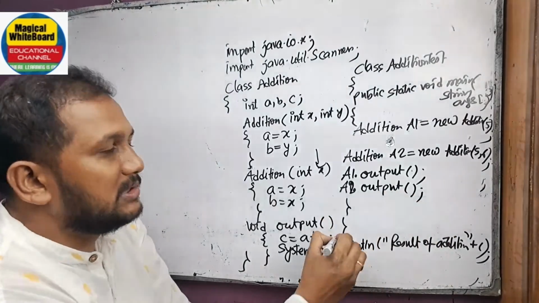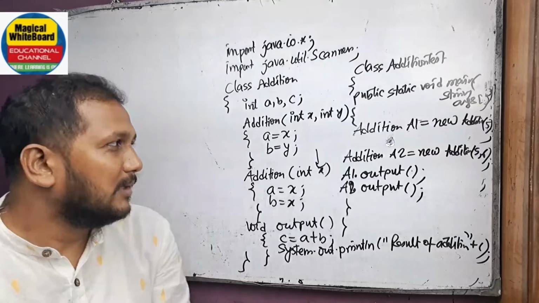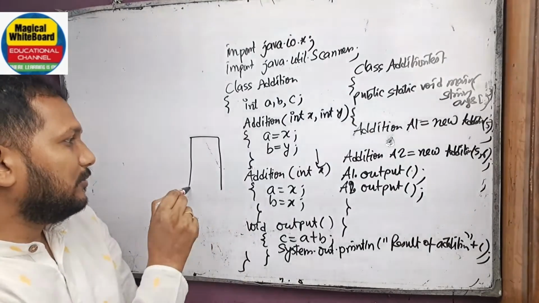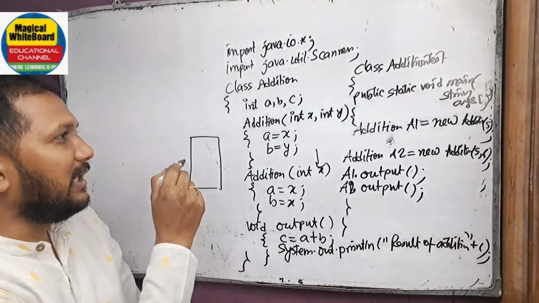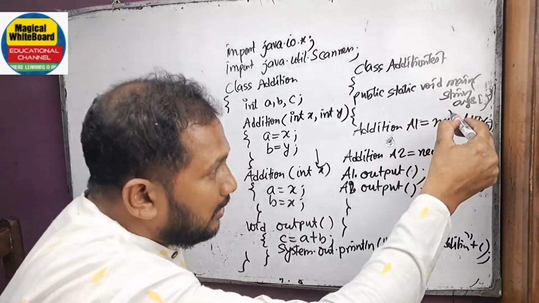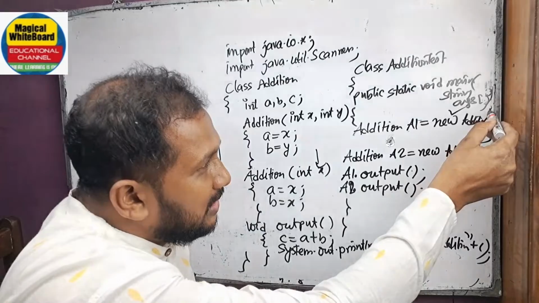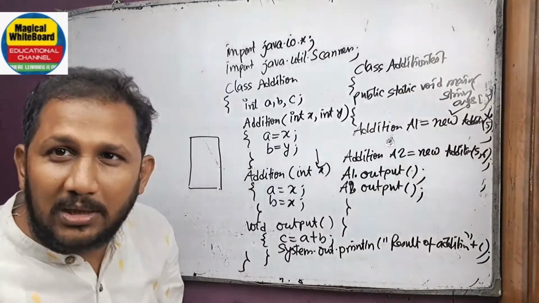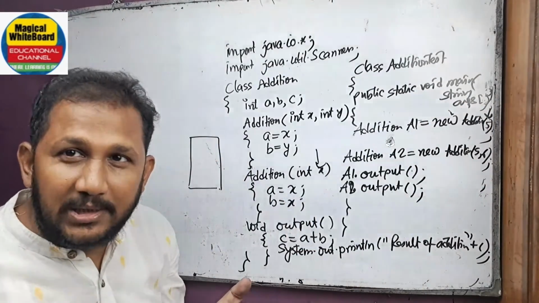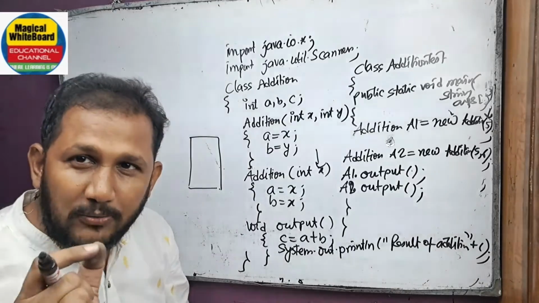So this is the concept of the parameterized constructor. Parameterized means when a constructor is called, it will take some parameters from the main. When an object is created, we specify some values within the object.